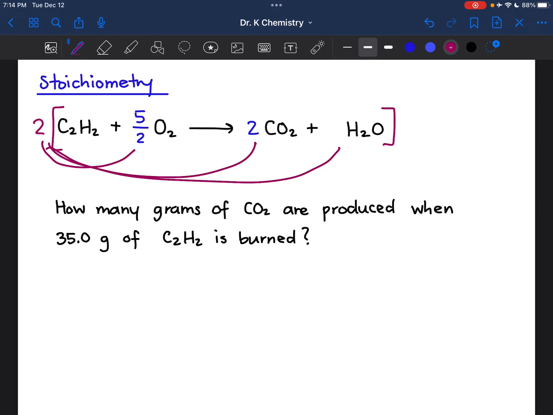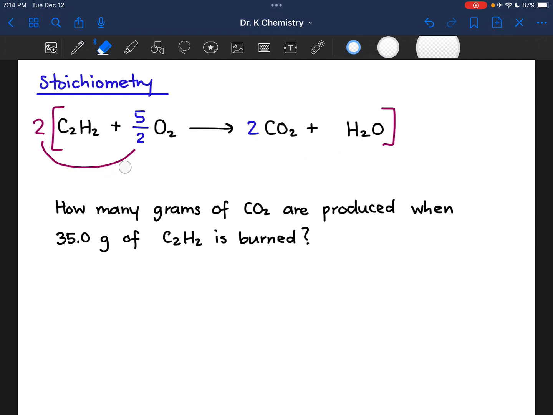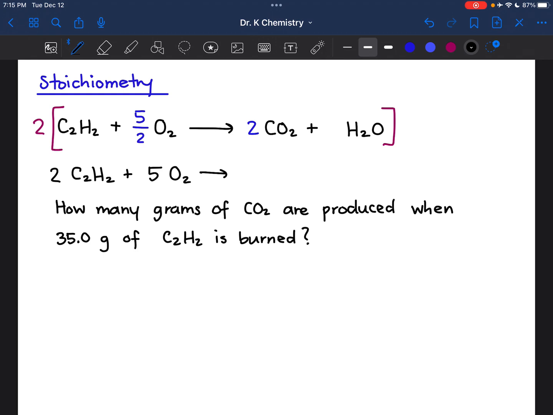And in front of water and C2H2, since there wasn't anything in its place, there's really a coefficient of 1 that we're just not bothering to draw in. So I'm going to multiply everything by 2, which means we have 2 C2H2 plus 5 oxygen molecules plus 4 CO2 molecules and 2 water molecules. And now our reaction is balanced, and you can always go back and check that that is the case.